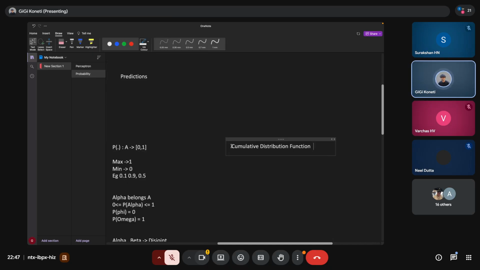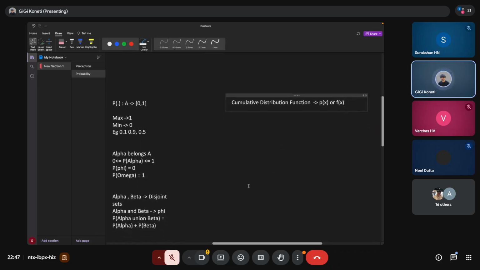It is a function of that probability. When we represent data and compute probability, a function comes out. That is represented by P of X. If you take any research paper, you will find P of X, or sometimes it is represented as F of X. That is the cumulative distribution function. And I'm not able to draw that graph, but maybe.